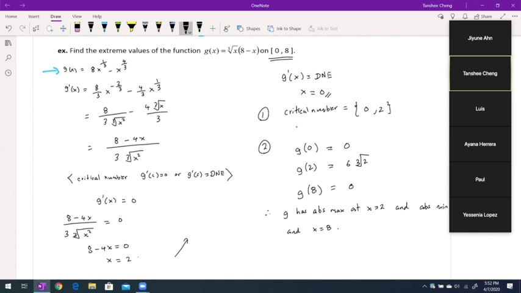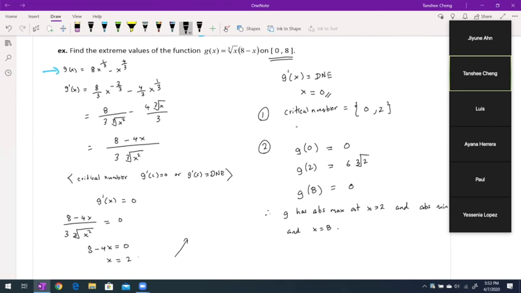To find the absolute maximum and absolute minimum, I need to find the function values at those critical numbers and also the function values at the endpoints of the interval that we are looking at. So I'm going to evaluate g at 0 and g at 2. Those are my critical numbers, and also 0 is an endpoint. Another endpoint is g of what? 8.